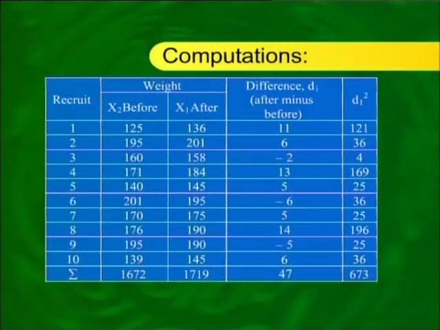So, as you now see on the screen, if we regard the weights after the training as x1, the weights before the training as x2, and we define d as x1 minus x2, then the 10 differences come out to be 136 minus 125 equal to 11, 201 minus 195 equal to 6, 158 minus 160 equal to minus 2, and so on.